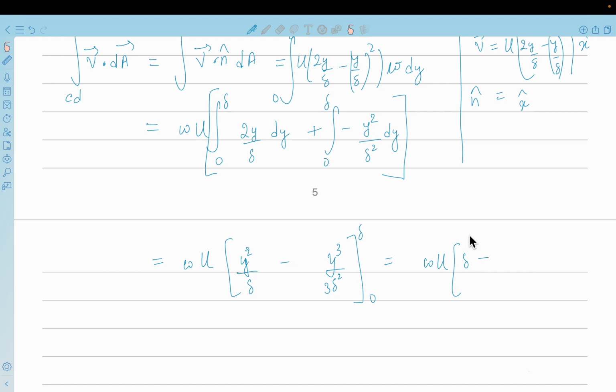Check again. So you put the limits 0 to delta. See, first you should have gotten this expression, y square by delta minus y cube by 3 delta square.